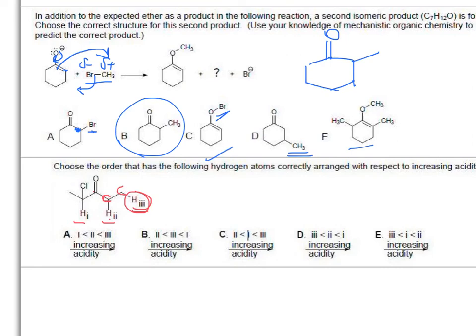Carbonyl means oxygen is electronegative, and then the H1 is connected to two electron withdrawing groups. So that should tell you, we learned that in class, that the closer or the greater the number of electron withdrawing groups, the greater the acidity. So the H1 is going to be most acidic, H3 is going to be least, and so D should be your appropriate choice.